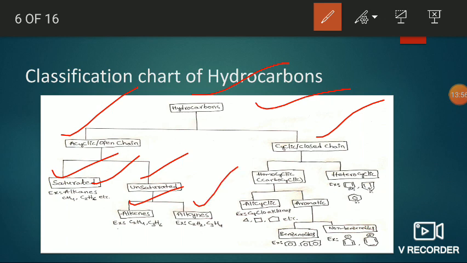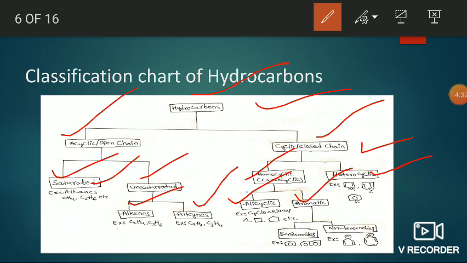In the case of cyclic closed chain compounds, they are also classified into two types based on the atoms present in the ring. They may be carbocyclic or homocyclic, or they may be heterocyclic. In carbocyclic, they contain only carbon atoms. These carbocyclic compounds are further classified into alicyclic or aromatic. Alicyclic compounds have cyclic structures and show aliphatic nature.